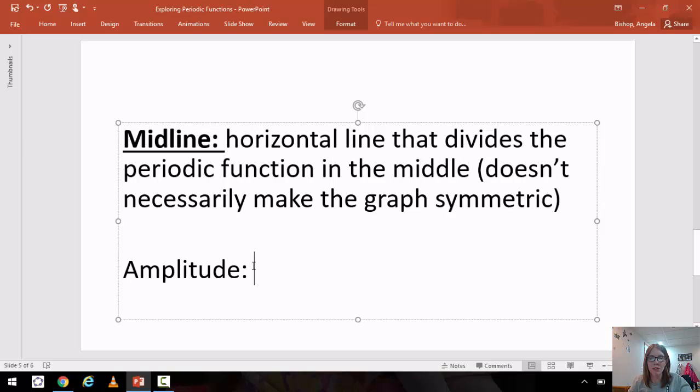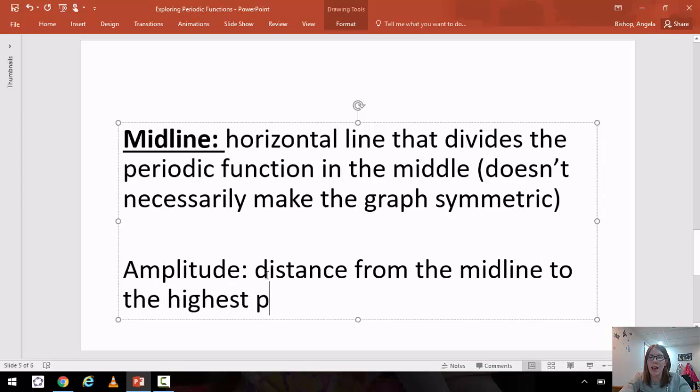And then amplitude, our last vocab word here, the amplitude is the distance from the midline to the highest point on the function, the highest y value.